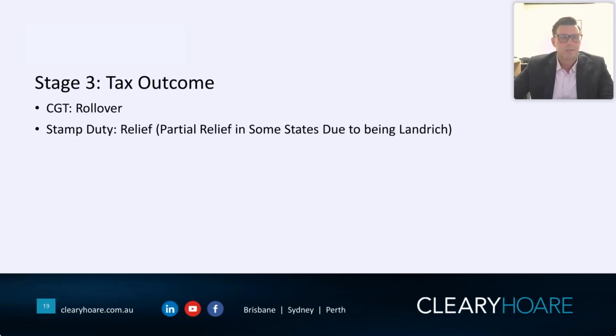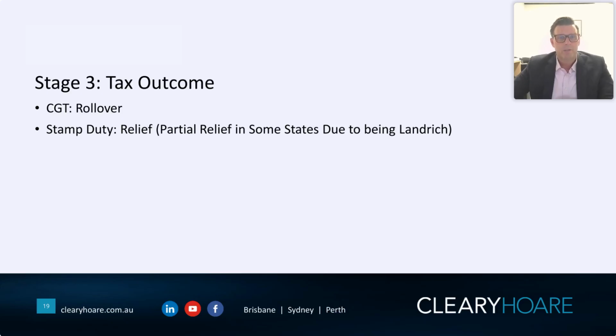We've got a rollover. As I mentioned, depending on the rights of our dividend shares, there may be top-up tax between 25 and 30% that's paid in the reserve company on the amount of our dividend. Depending on the state, we may qualify for corporate reconstruction relief. Now, in some states, such as New South Wales and Victoria, corporate reconstruction relief is only partial relief these days.